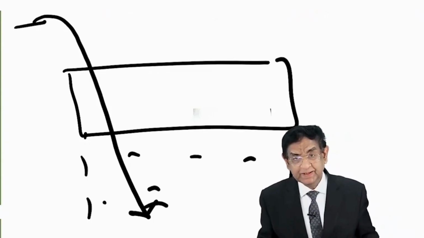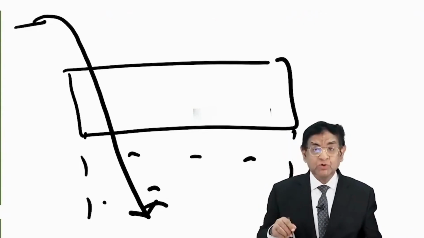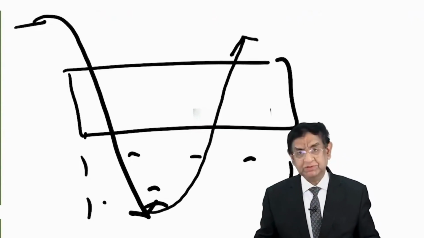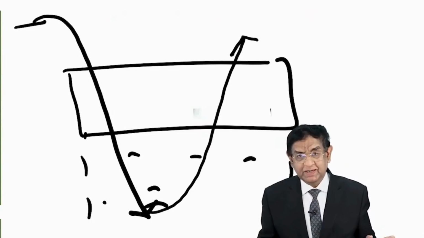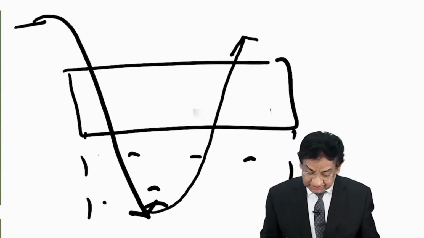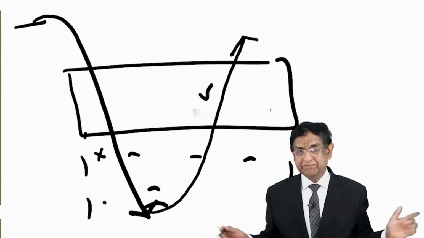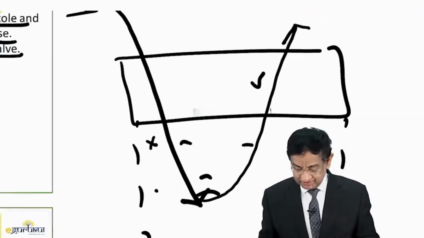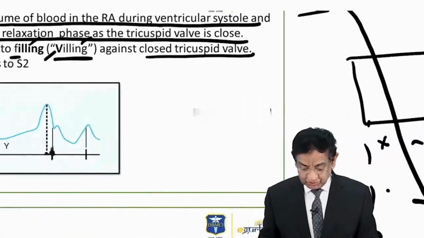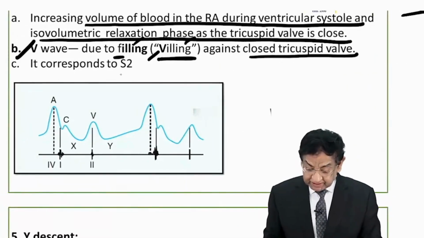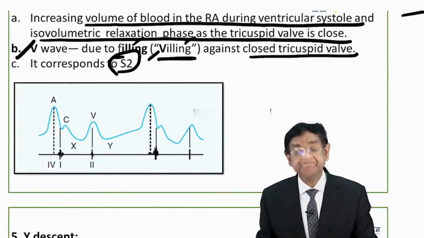Fine. And once you go, of course, by default, you come out also. I think you got the answer I wanted to convey. This is X, this is V. Very simple. X and V, negative and positive. I don't think you are a swimmer, but you know what message I wanted to convey. Yeah, it corresponds to S2.